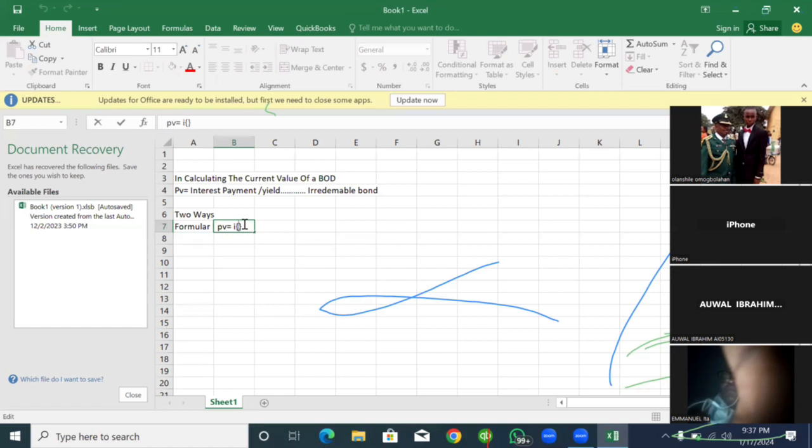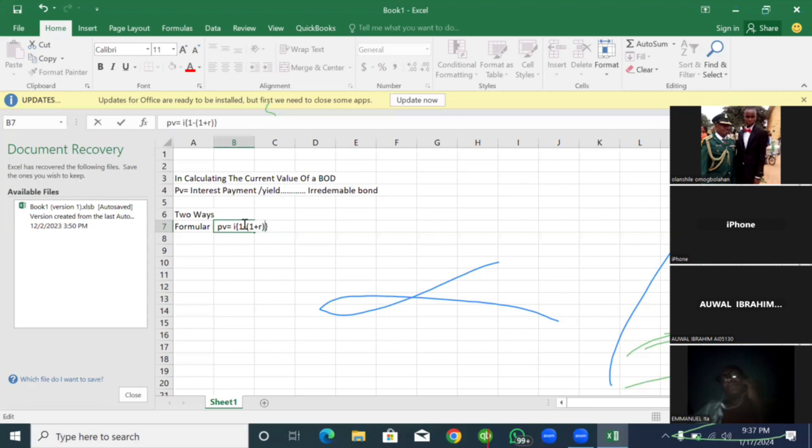So 1 minus, you open your bracket, 1 plus r raised to power minus n.